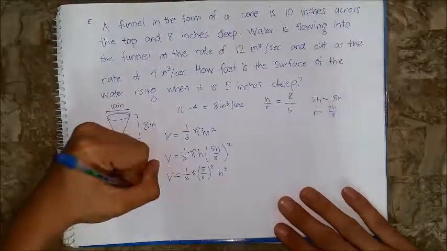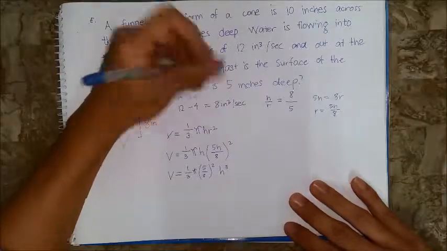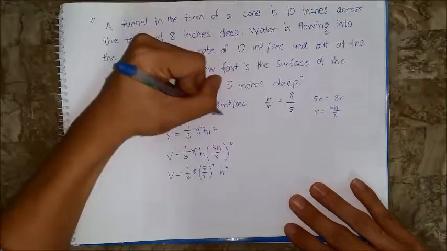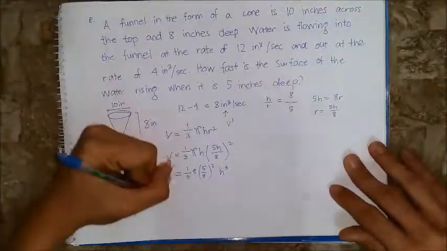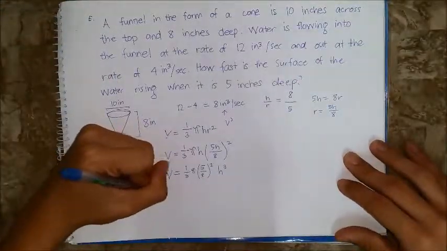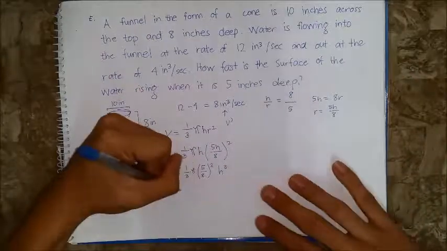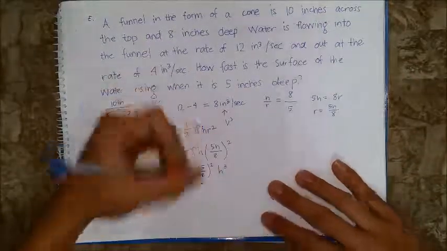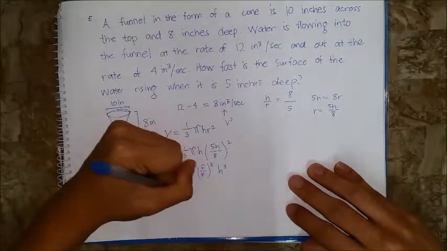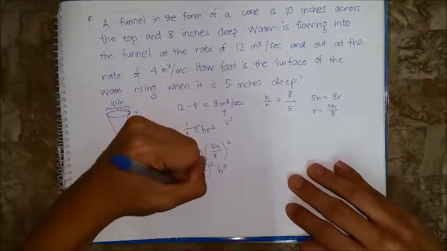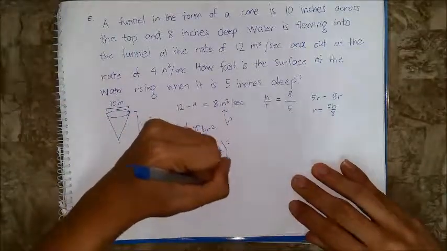Now we get the derivative. This value, 8 inches cubed per second, is our volume prime. So V prime is equal to, we bring this down, chain rule, so we cancel out this, so it becomes pi times 5 over 8 squared times h squared times h prime.